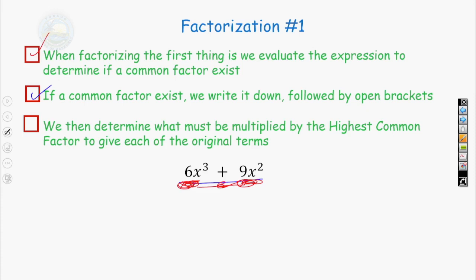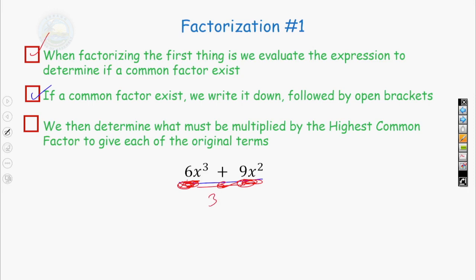We started from the leftmost term and looked at its coefficient. In 6x cubed, the coefficient is 6. The coefficient for the next term is 9. Is there a number that can divide both 6 and 9? Of course, you're correct. That number is 3. So 3 is the contributor to the highest common factor.